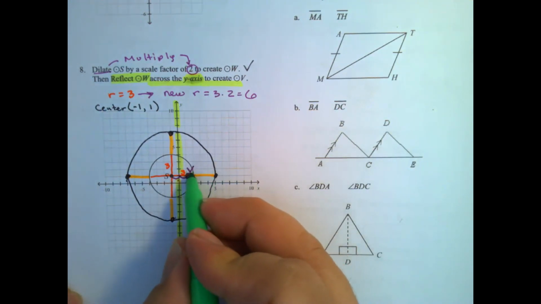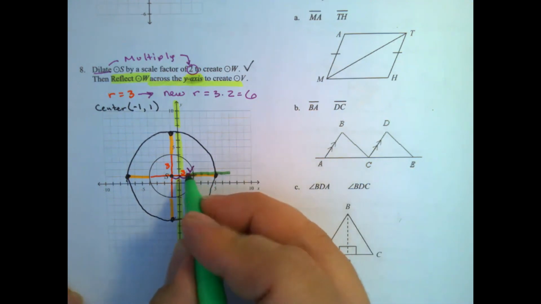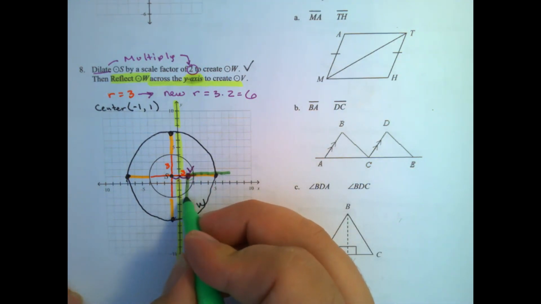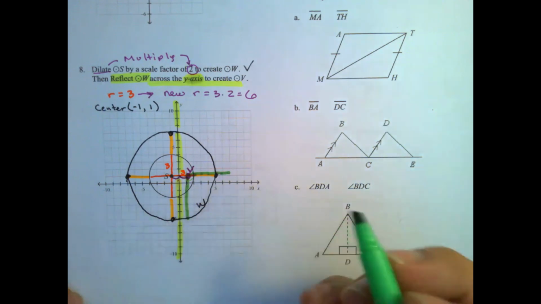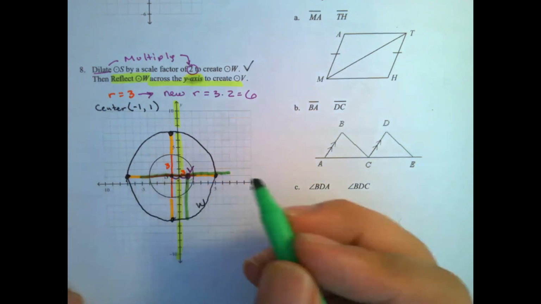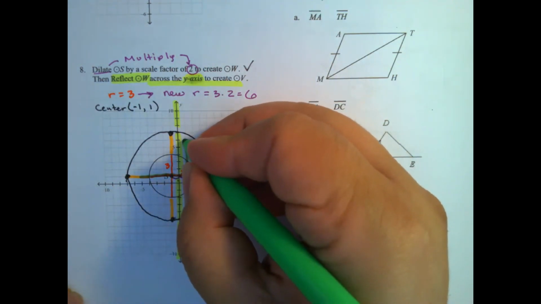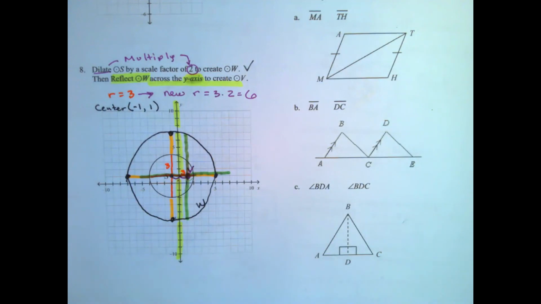All I have to do is now go 1, 2, 3, 4, 5, 6, in each direction. All right, and here we go.